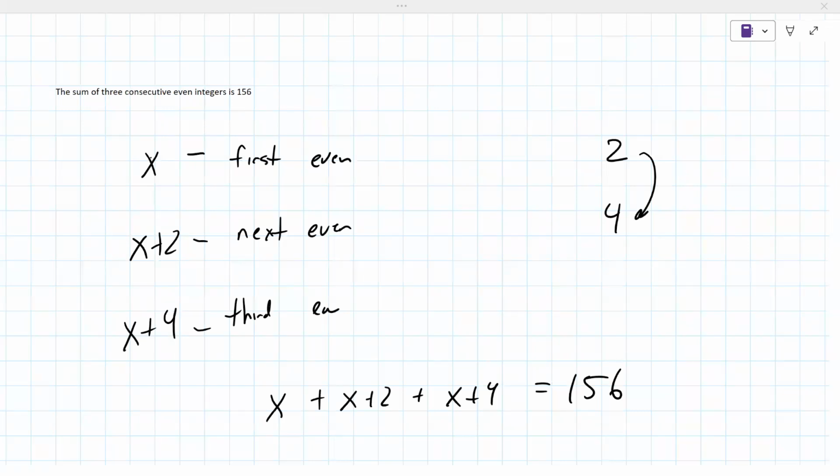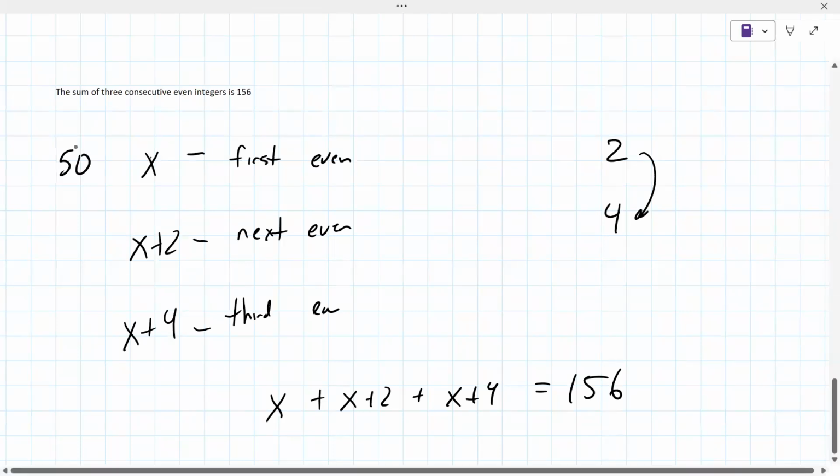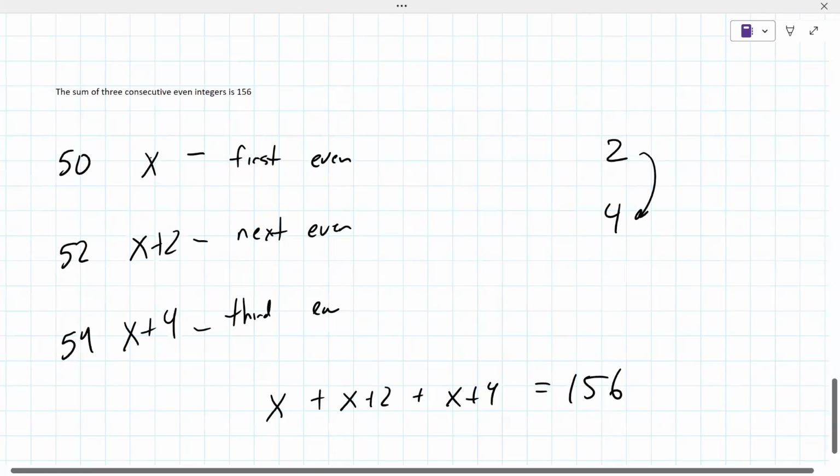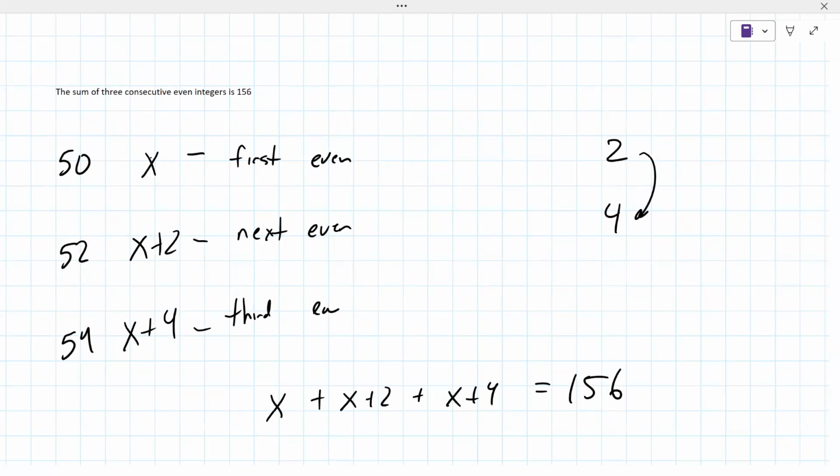So x, the first one, would be 50, then 52 for x plus 2, and then x plus 4 would be 54. Very good. Okay. Let's do one more here.